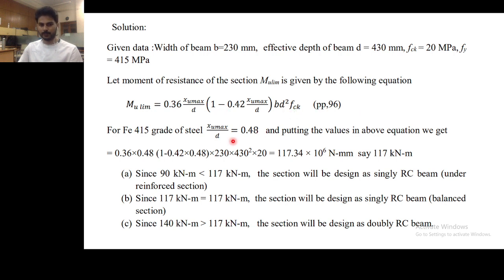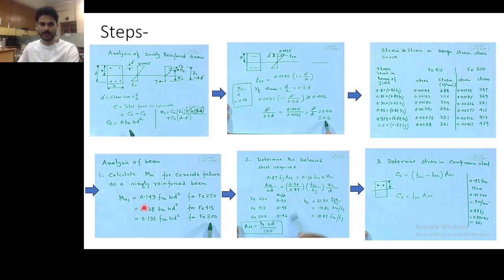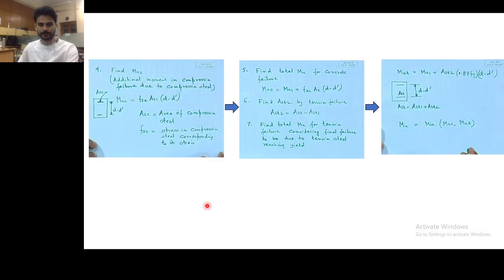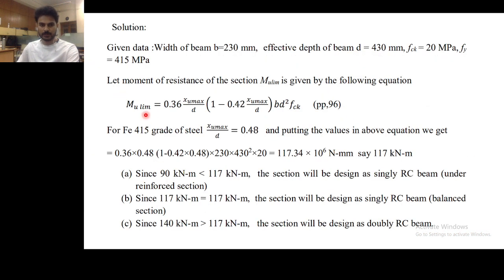So when we put XU max by D as 0.48, it will become 0.36 FCK BD square, that we have already discussed here, right? These are the formulas. So this is MU limiting, and by calculating it, it is coming to be 117 kilonewton meter.